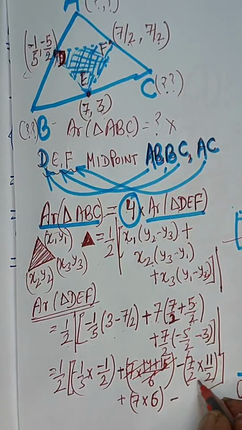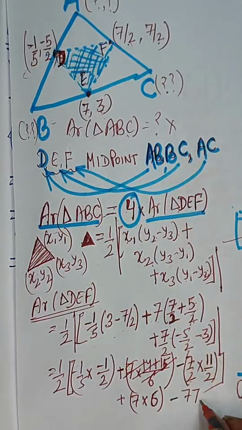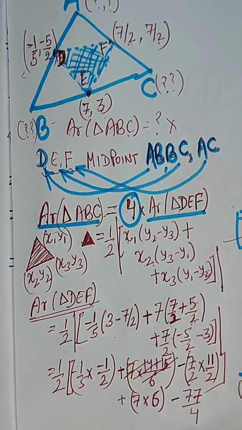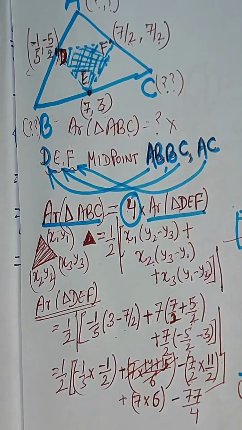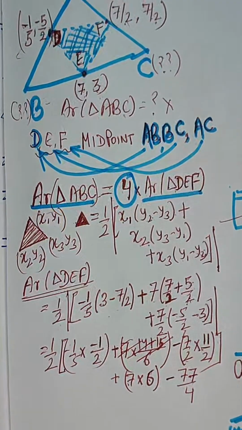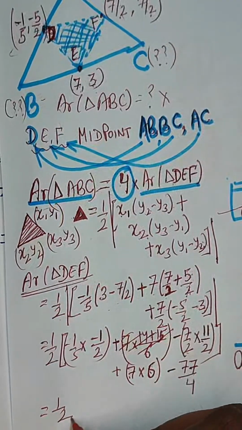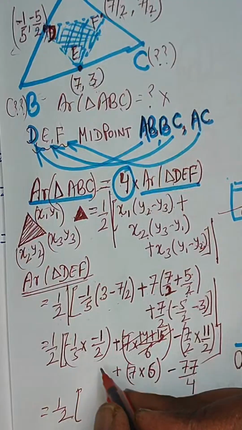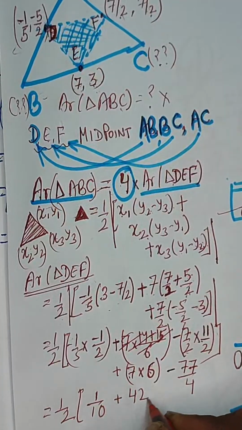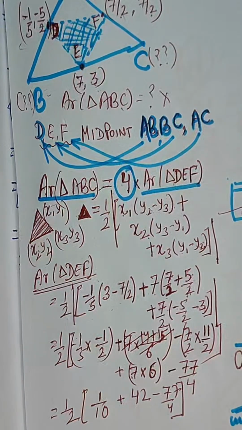Minus 77 by 4, right? So here you can see 7 into 6 is 42. When you just solve it, it becomes 1 by 2 into, it becomes 1 by 10 plus 42 minus 77 by 4, right?